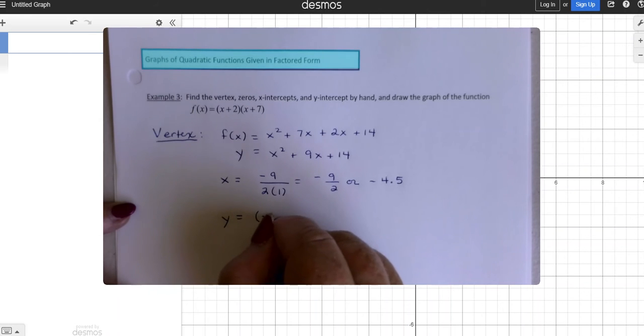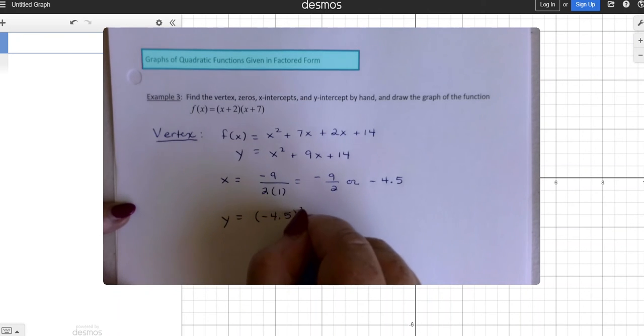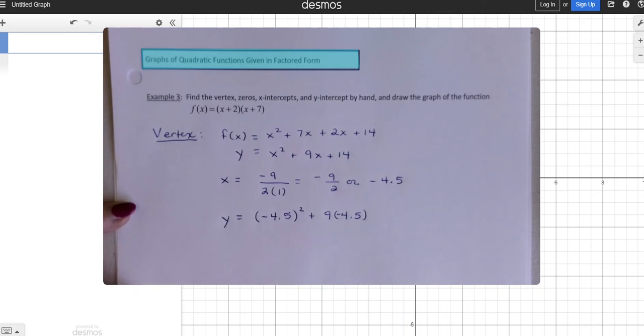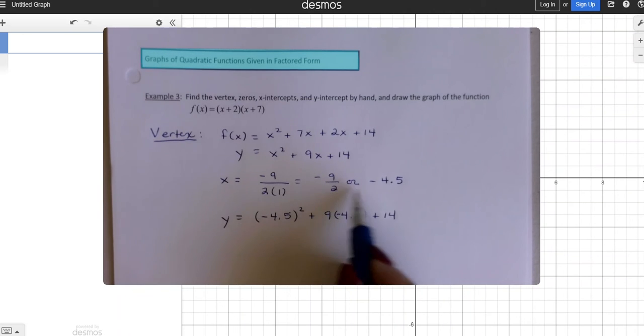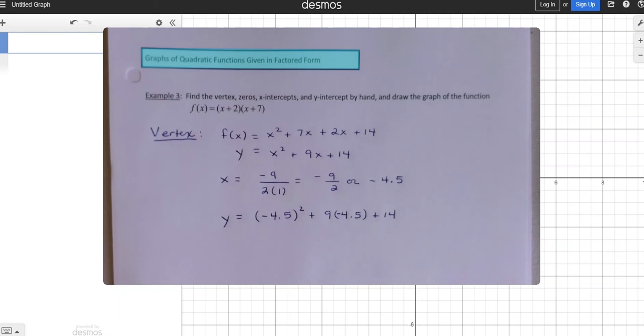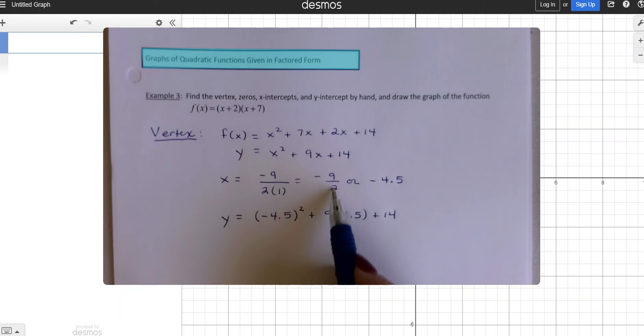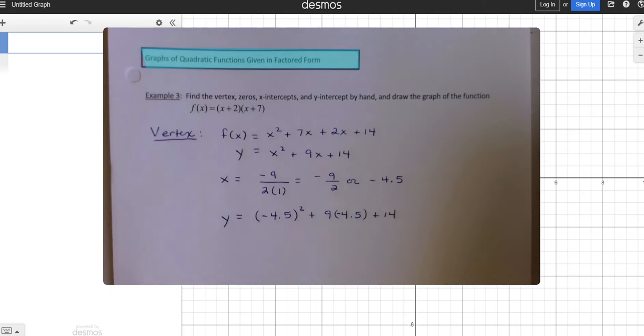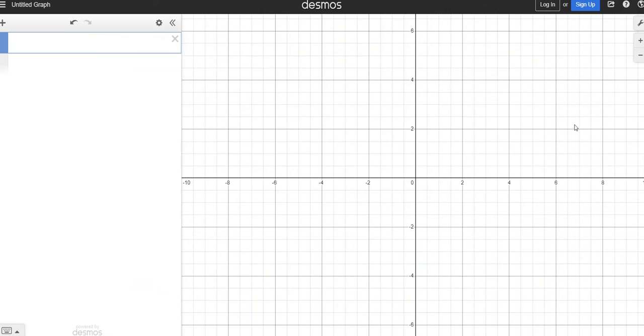So I'd have negative 4.5 squared plus 9 times negative 4.5 plus 14. In this case, I'm feeling pretty comfortable using the decimal, since the decimal and the fraction are exactly the same. If the division had not come out evenly, then I probably would have used the fraction here so that I didn't have inexact numbers going out.